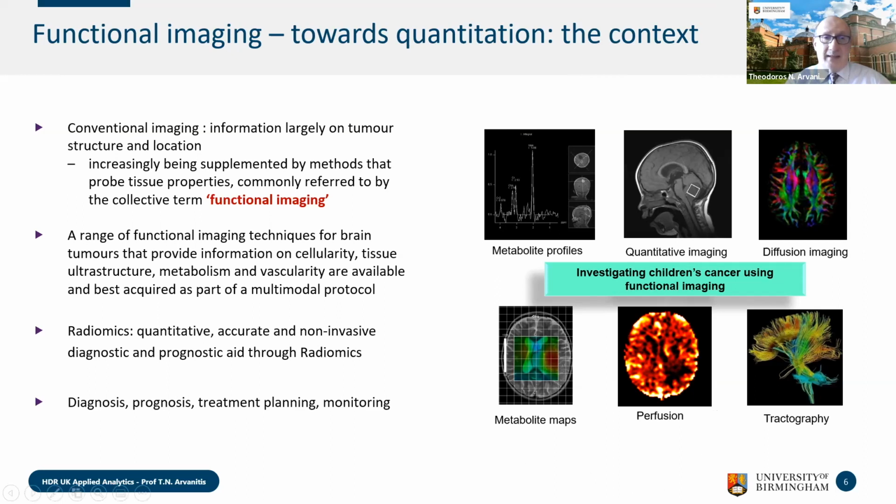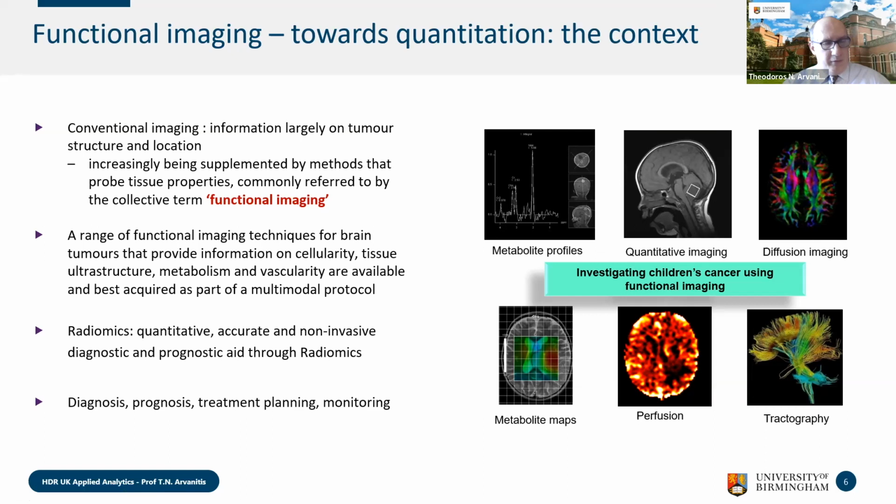These approaches are based on magnetic resonance imaging, but they're more specialist approaches where we use, for example, diffusion properties for looking at diffusivity of the water, which tells us something about the cellularity and the tissue ultrastructure, perfusion, which tells us more about the vascularity of the tumor, and metabolic profiles through spectroscopy and appropriate quantitative measures of this, combining these as part of what we call a multimodal protocol.